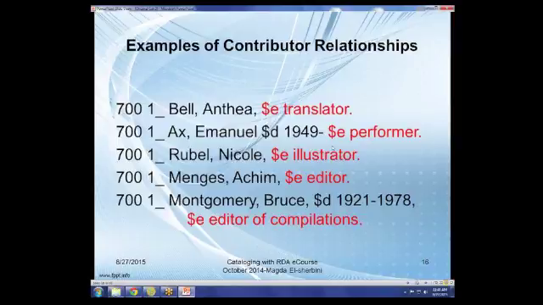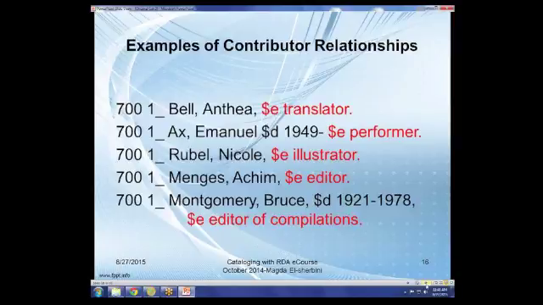Remember again, all of these are called RDA relationship designators, and they are a controlled vocabulary the same way that subject keywords are, or that authors' names have a set of approved forms. So if you do an internet search for RDA relationship designators, you'll find a whole list of all of the different terms that are out there and that could be used.